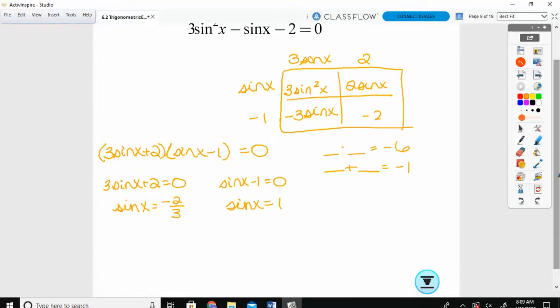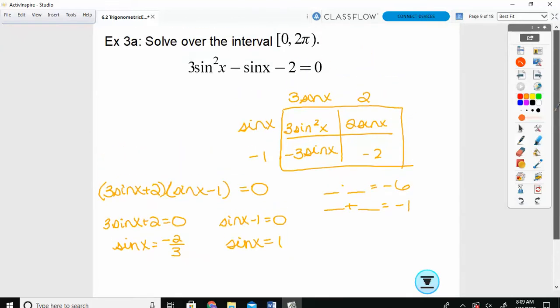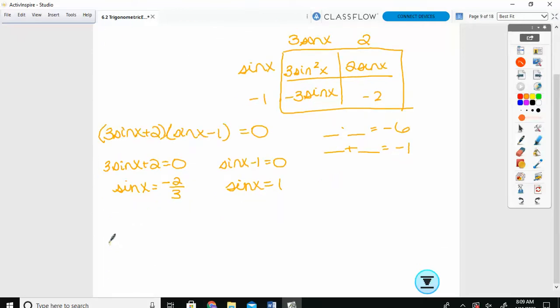Okay, you'll notice this time in the directions, I asked for all the solutions from 0 to 2 pi, so we are in radians on this one. I'm trying to find my x. So let's focus on the first one.